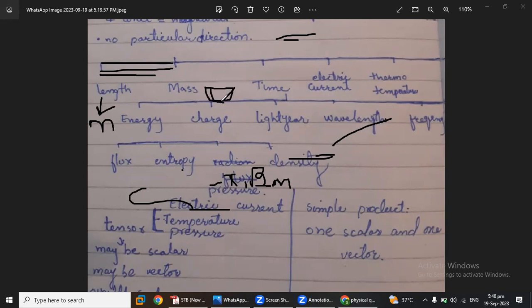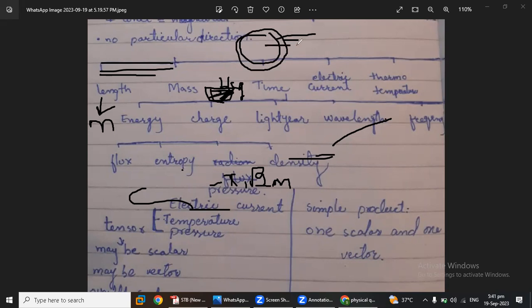Mass. Any quantity of matter of an object is termed as mass. Mass is not a vector quantity because it is not directional. If you have a mass of 2 kg on earth, you will have the same 2 kg of mass on the moon. Time is a universal quantity, which means it never changes. Likewise mass, time does not change.